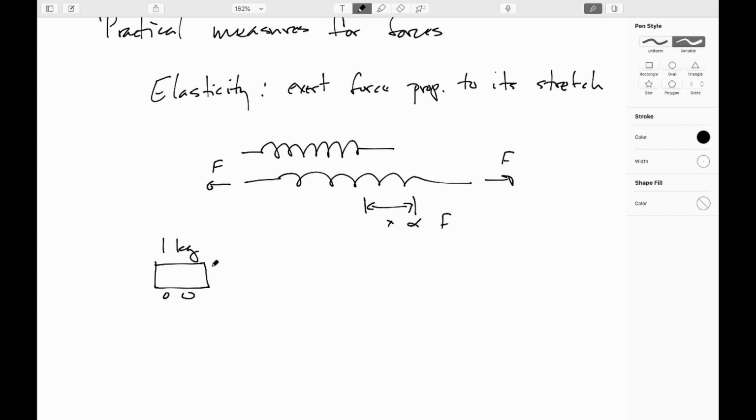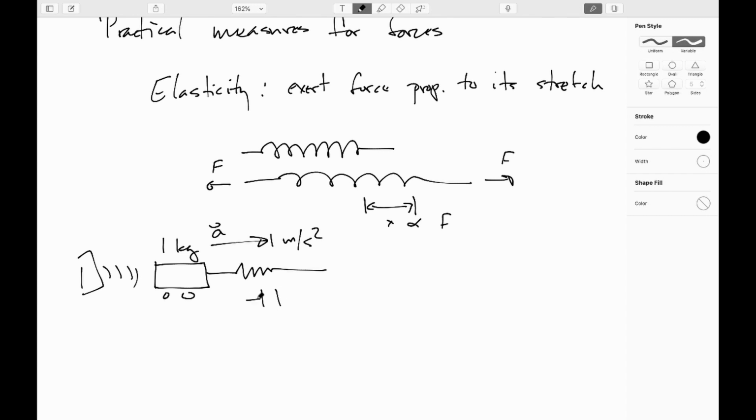And then what we can do is we can set up motion sensors to very carefully measure the acceleration of the cart. So we can go ahead and pull on our cart until it's got an acceleration of 1 meter per second squared.